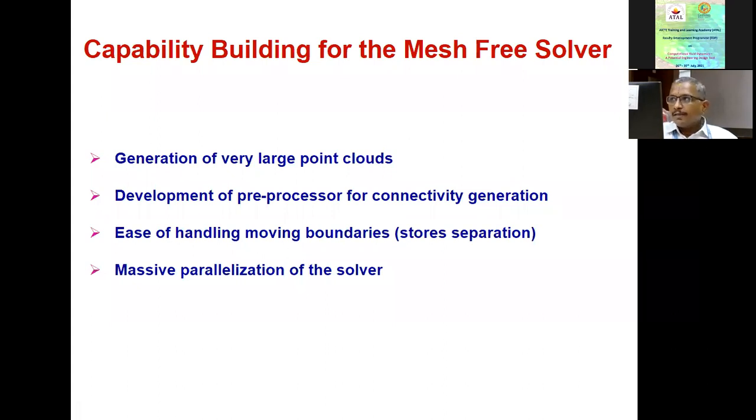I also identify nodes which lie very close to the surface. These are the points which can cause real trouble when we try to solve the equations. So all these difficulties of identifying such regions, deleting points, or identifying the merged points, all this is done in the preprocessor. So this grant was given for us to develop the tools to demonstrate the feasibility of solving the mesh-free solver for such large industry standard problems.